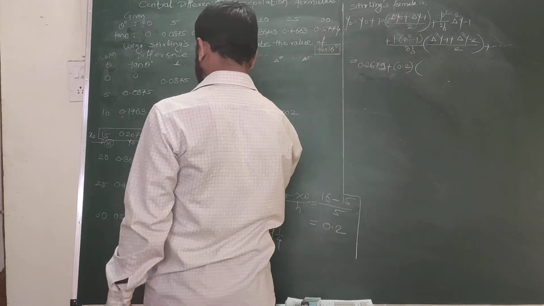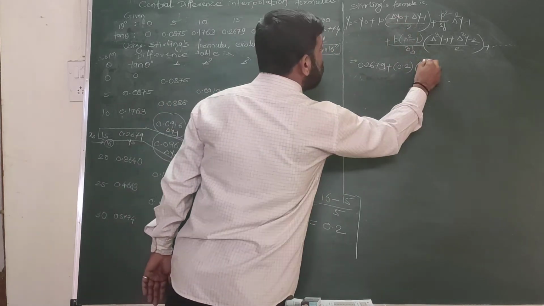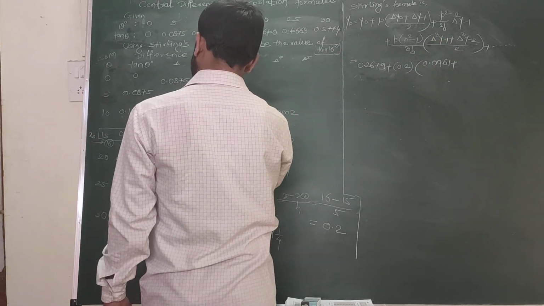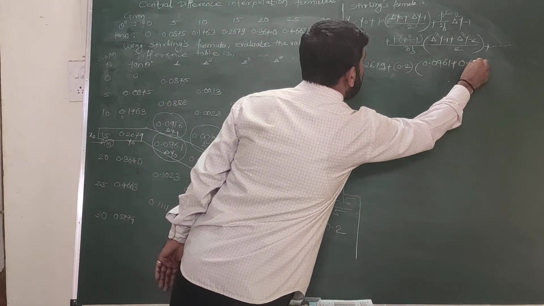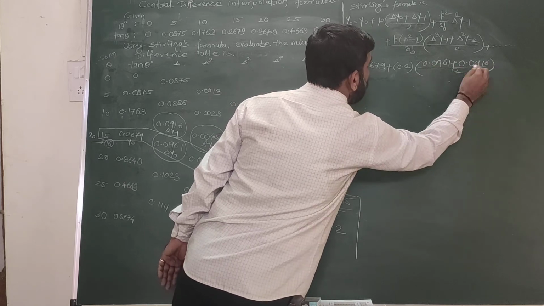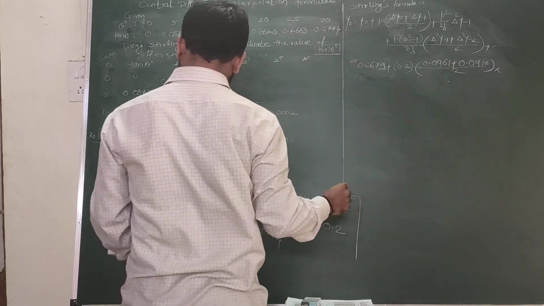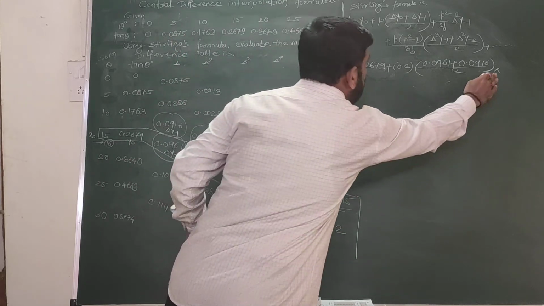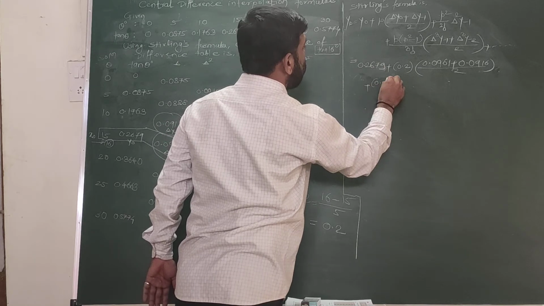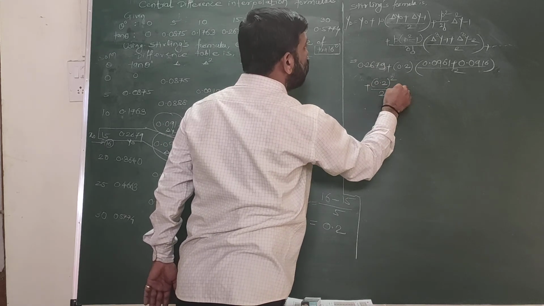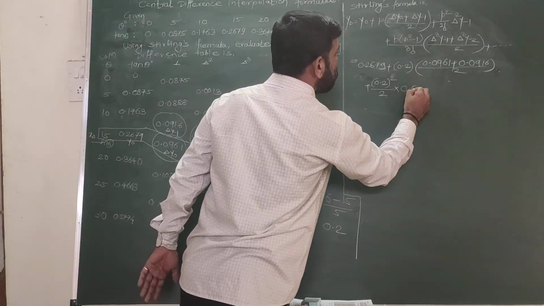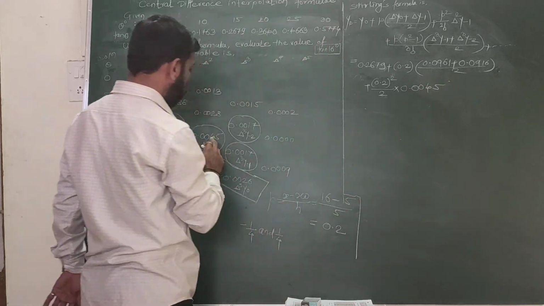Delta of y0, delta y0 is 0.0961 plus delta y of minus 1, 0.0916, divided by 2, into p. Okay, completed that term, plus p square, 0.2 in brackets squared, upon 2 into delta square y of minus 1, 0.0045.